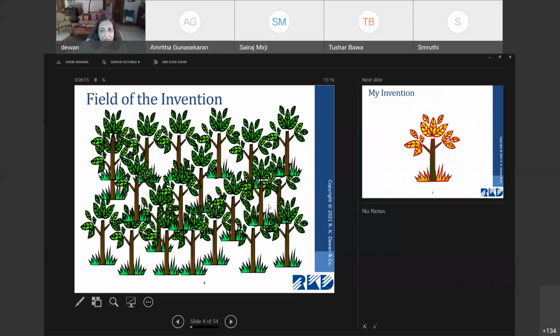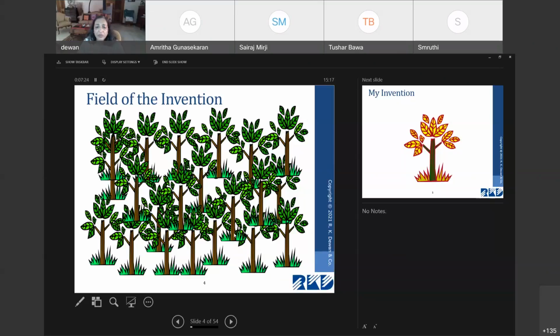Now, what is the field of the invention? This is a simile that we use to make it easier to understand. The field of the invention is like a jungle. There are many trees of the same variety. So let's say a jungle of eucalyptus trees, or a jungle of pine trees, or a jungle which has all baobab trees, or there may be an orchard of apple trees.